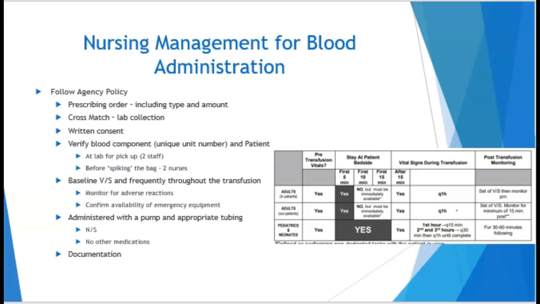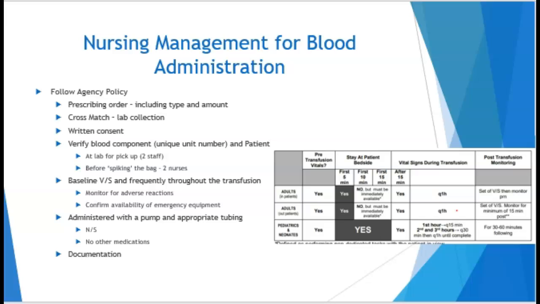When the nurse goes to the lab to pick up the blood, the lab staff and the nurse have to check the blood product, reading the cross match to the unit to make sure that they're matching. And then again on the floor before the bag is spiked, two nurses would be checking the identification of the patient as well as the identification of the unit to make sure that there is a match.